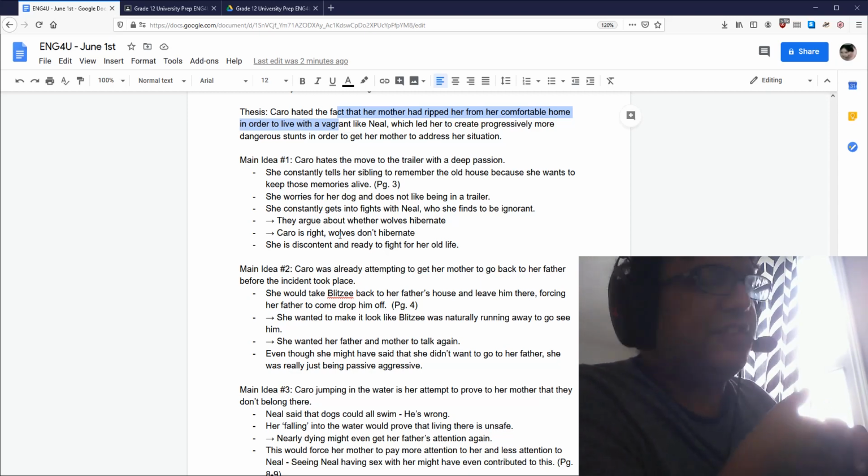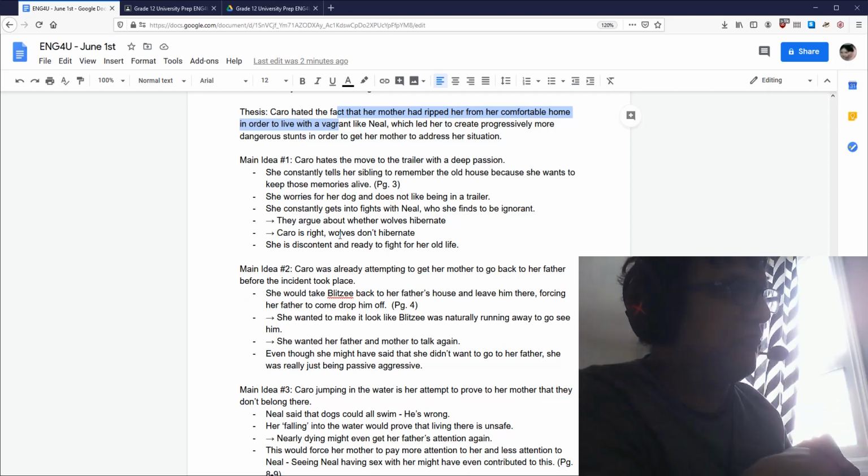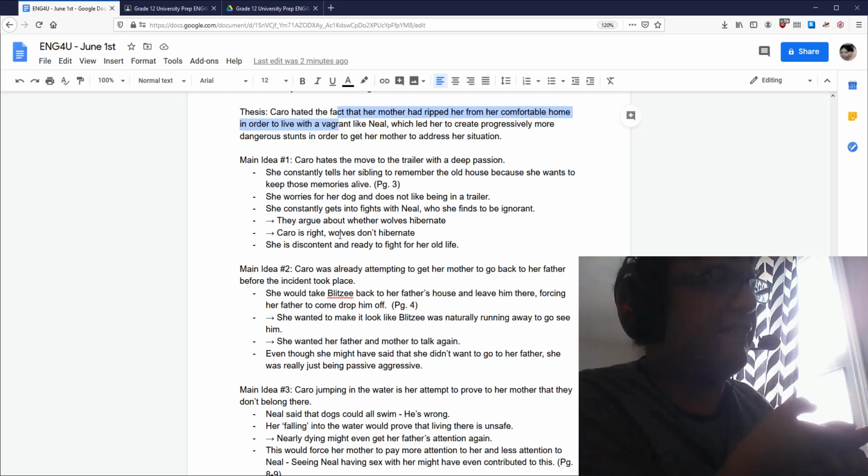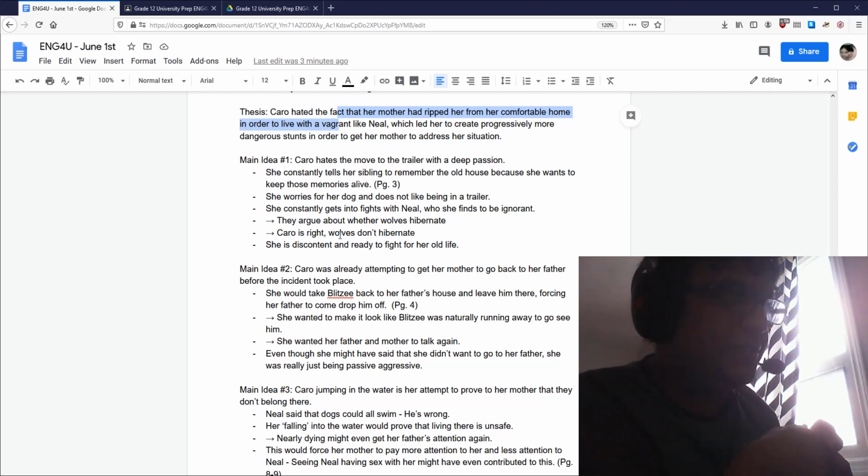So if there's something that's wrong with your ideas, if something you say doesn't make sense, it's much, much better to catch it during your outline phase, rather than catching it when you're almost done your essay, right? Having to rewrite a paragraph is a lot harder than having to rewrite a bullet point, right?